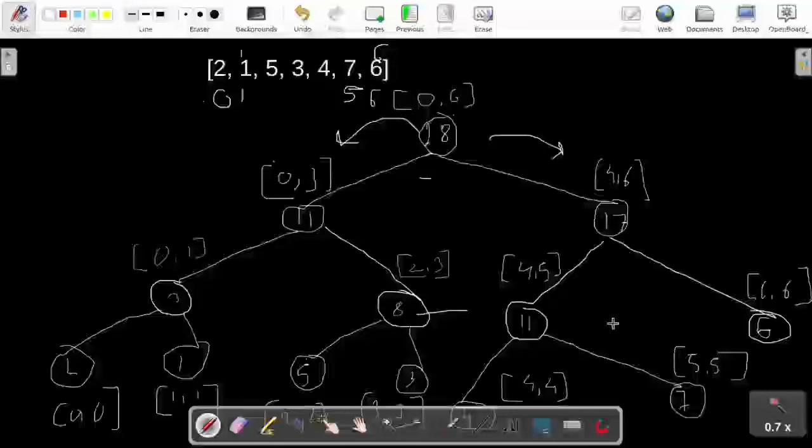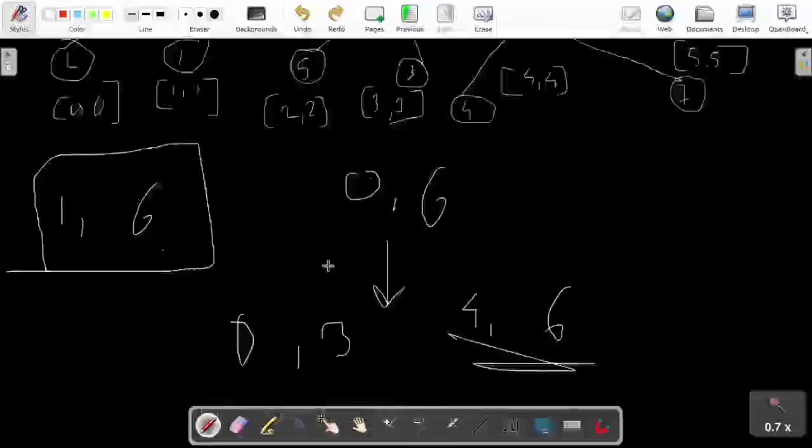So as we have the answer for 4 comma 6, we will simply return it. What is that? It is simply 17. Don't return it immediately. Let it be stored there. When we arrive at this node after processing our left child, at that time we will combine the answer from left and right child.